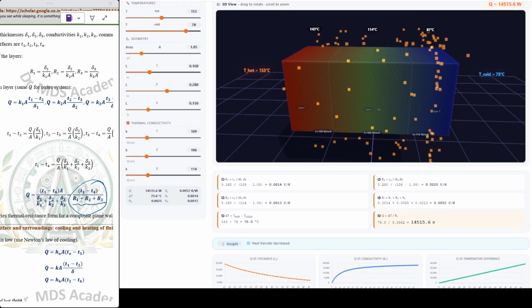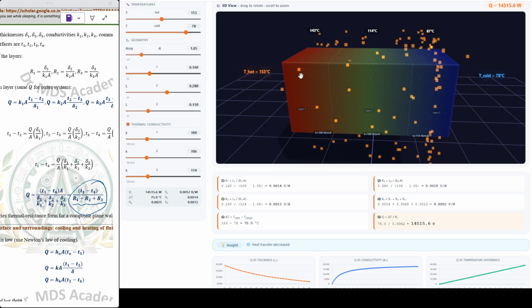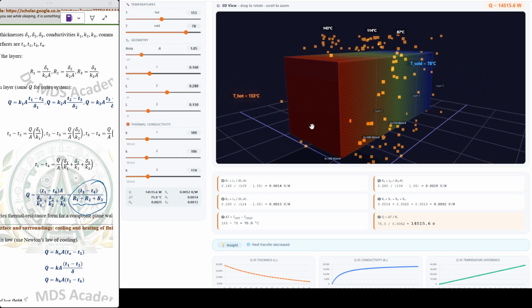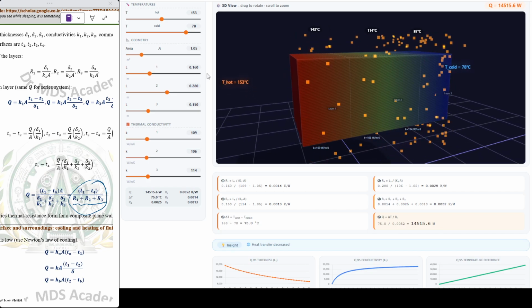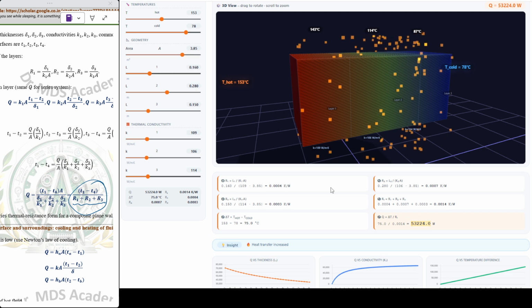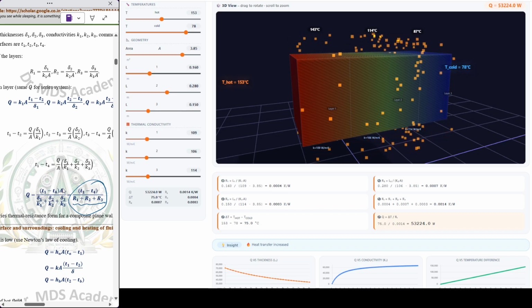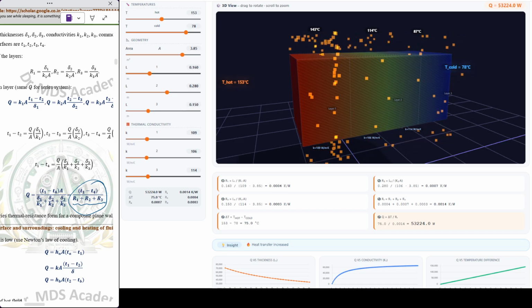Similarly, A is this area. As we are increasing the A value, the Q is increasing. Why is it happening? Q is directly proportional to A here.